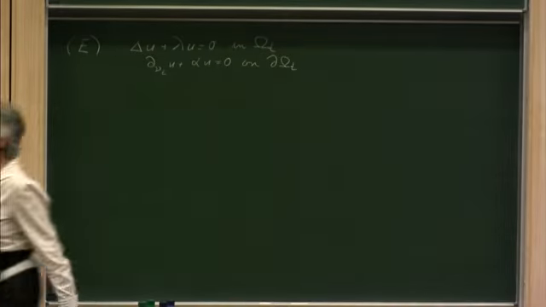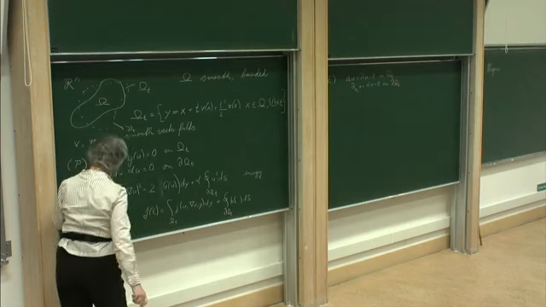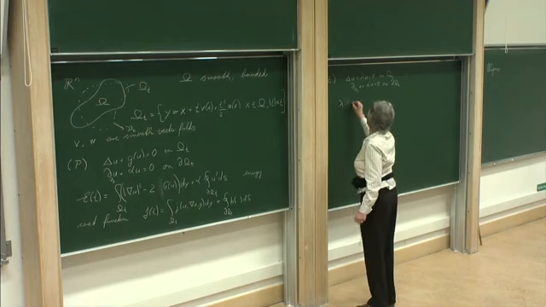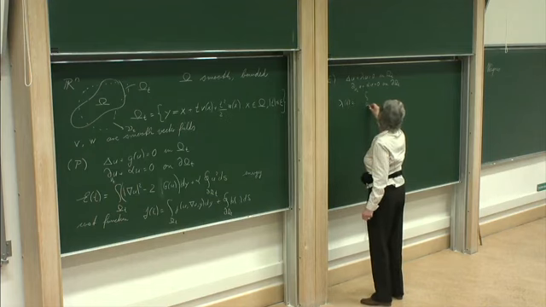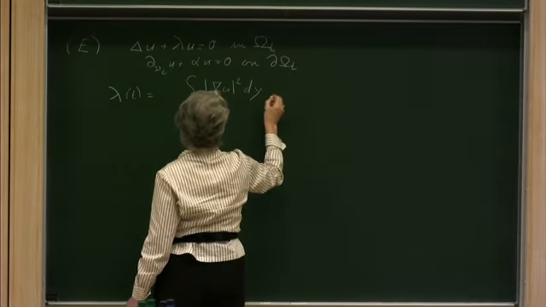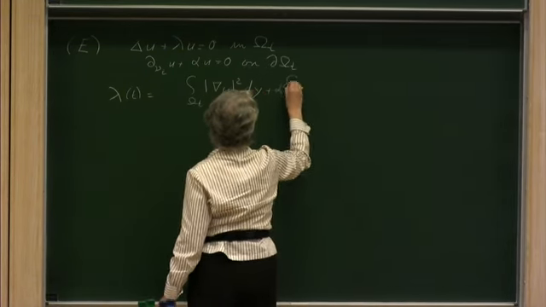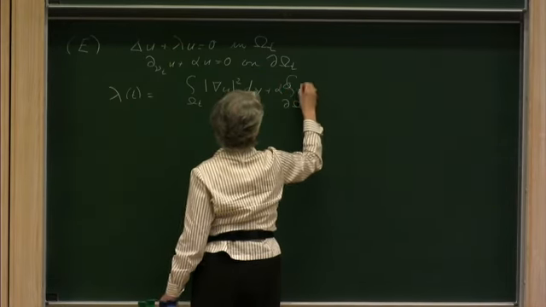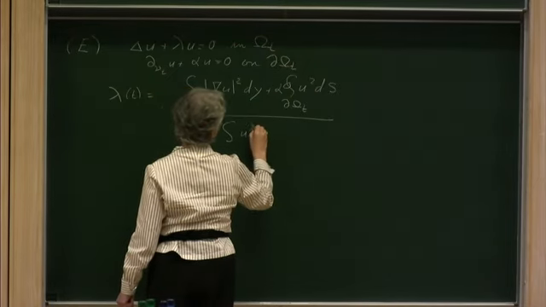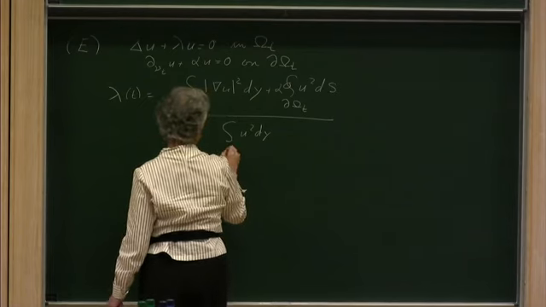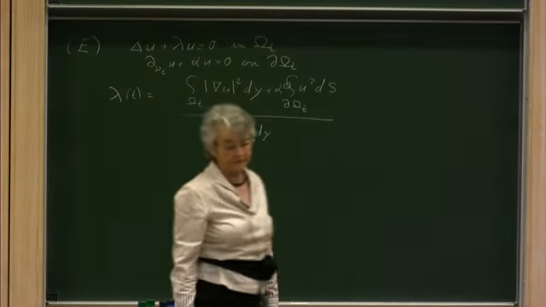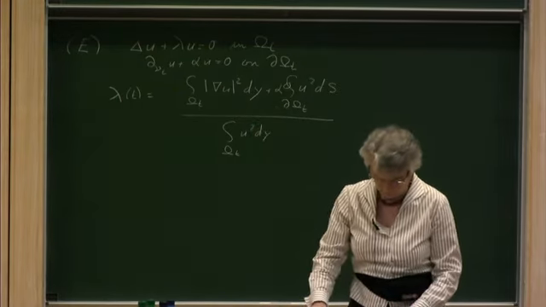And also in this case, the eigenvalue can be represented by means of an integral, namely the integral over omega t of gradient u squared dy plus, now we have a boundary term again, alpha times the integral of u squared ds, divided by the integral over omega t of u squared.